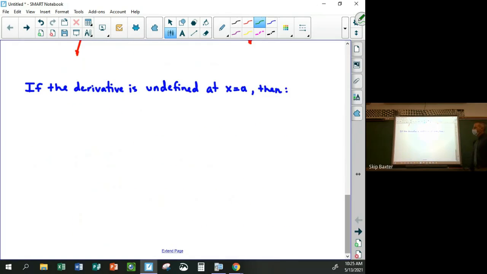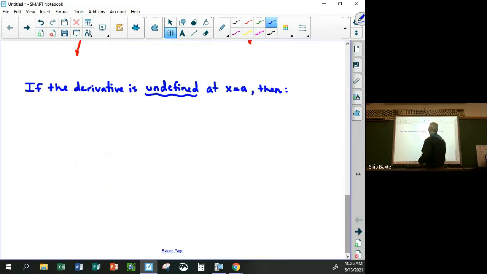Okay. So if the derivative is undefined, well, think about what that means. There's a couple different possibilities. One possibility is that there isn't a tangent line. The function can't be approximated by a line at that point.